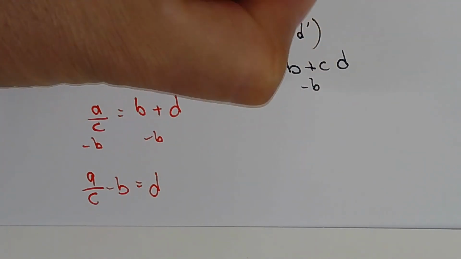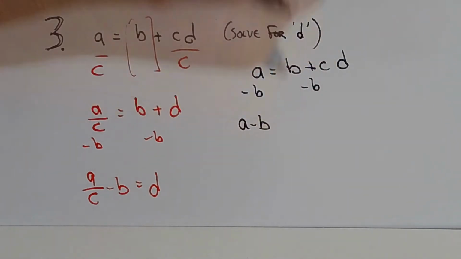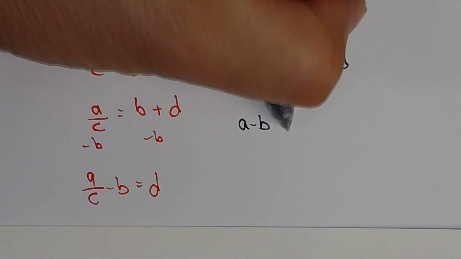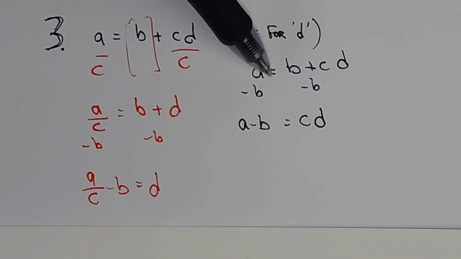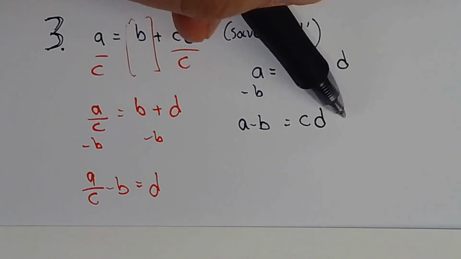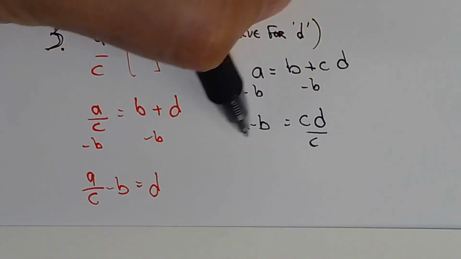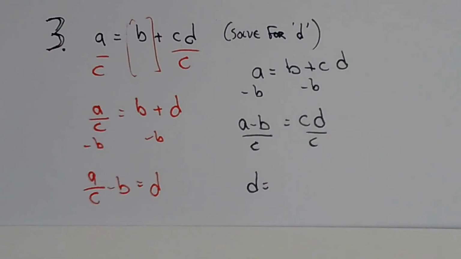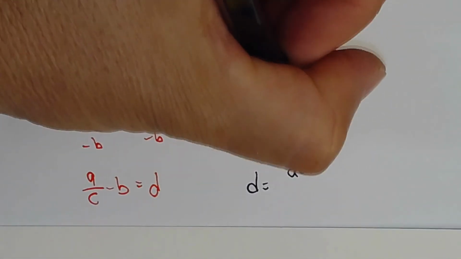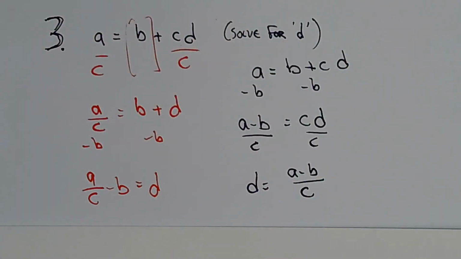Subtract B. So it's A minus B equals C times D. And now how do you get D by itself? Now you can divide by C, because there's no other terms to mess you up. So we have D equals A minus B over C. Okay, and that's a good approach. That works.